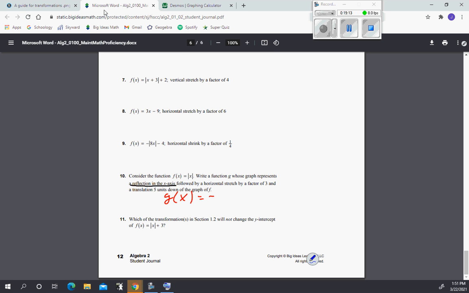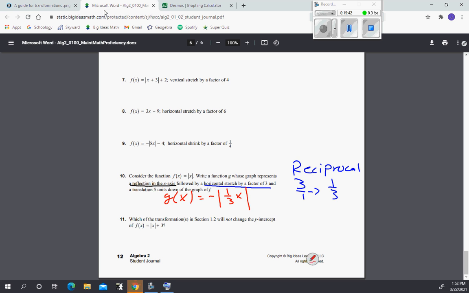Followed by a horizontal stretch by a factor of 3. Horizontal stretch, what do we need to think of? Reciprocal. What's the reciprocal of 3/1? It's 1/3. So we're going to have negative 1/3 x.